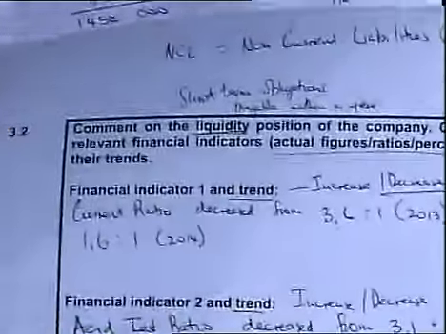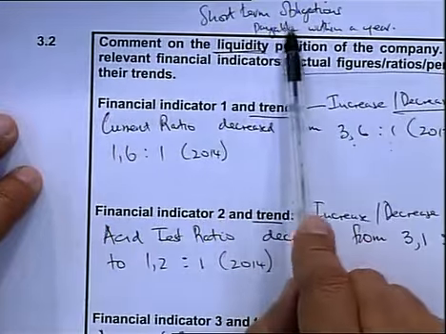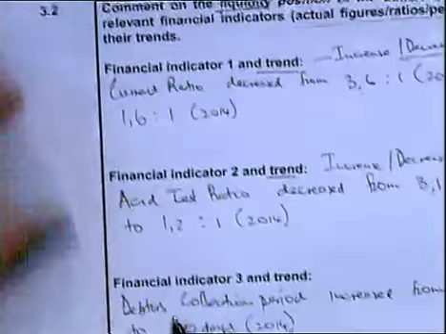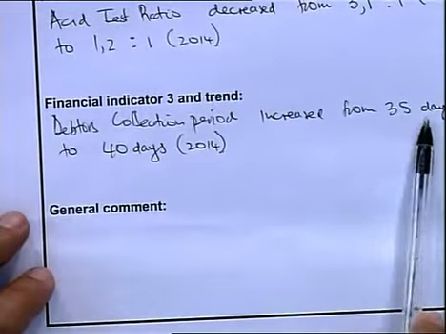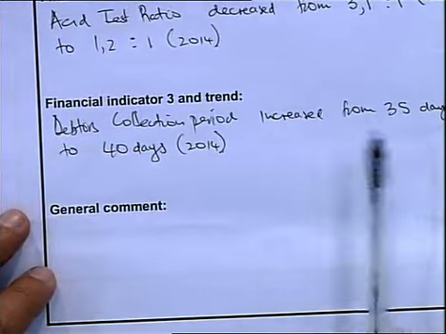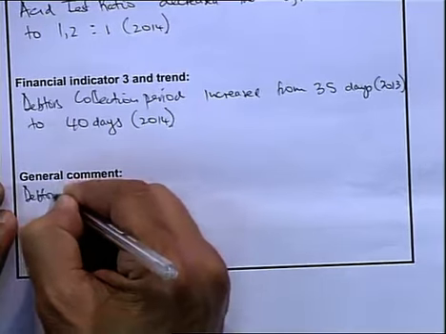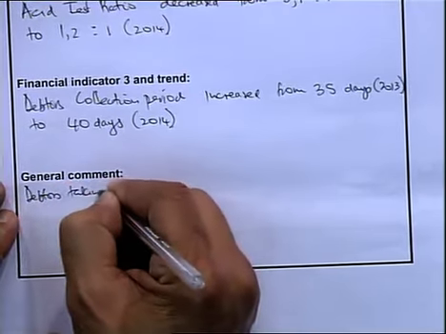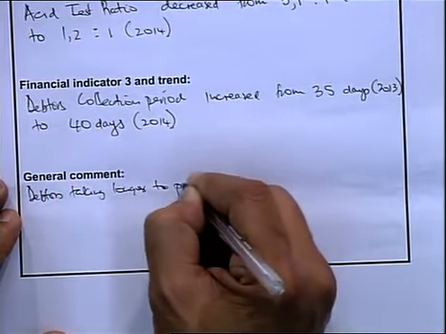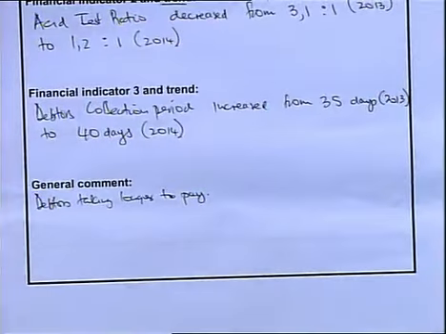Remember earlier when I started, I said when we're referring to liquidity, we're talking about the short-term obligations. There's a decrease in all of the ratios, right? The only increase is in the debtors collection, but that's actually a bad thing because the debtors are taking longer to pay, right? So you can say the debtors are taking longer to pay, and there's a decrease in the ratios, right?